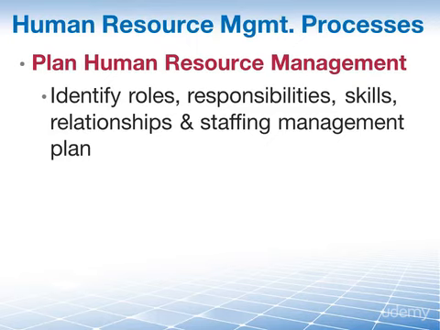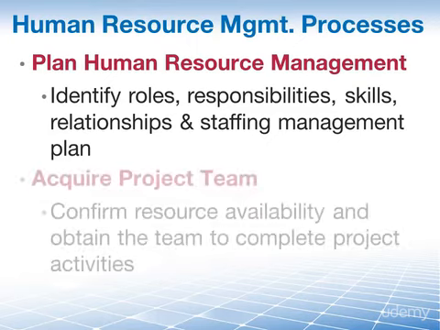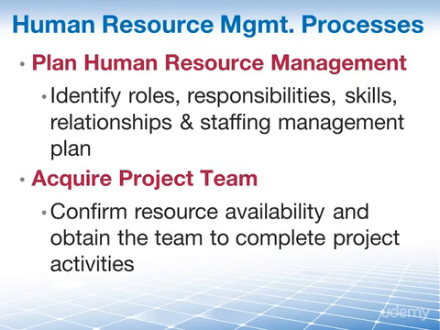Now we've planned it and we can move on into implementation, which means we are going to acquire the project team. We bring everybody onto our project. This is the process of confirming human resource availability and obtaining the team necessary to complete project activities. Now that the team is on our project, they will start working on our project.